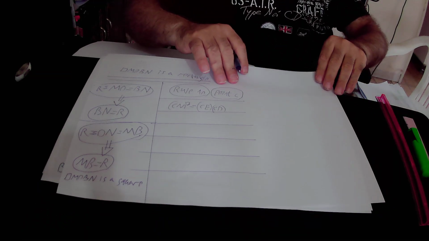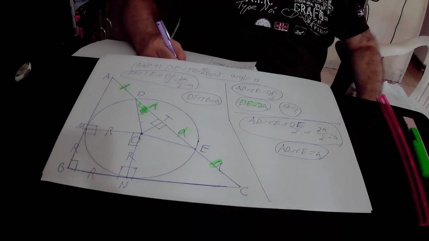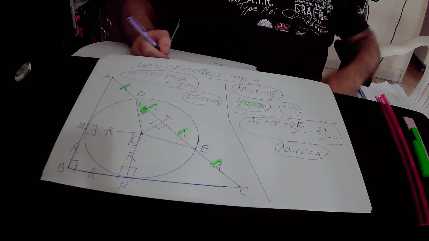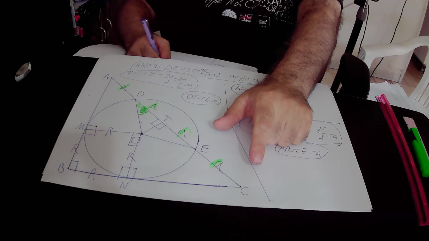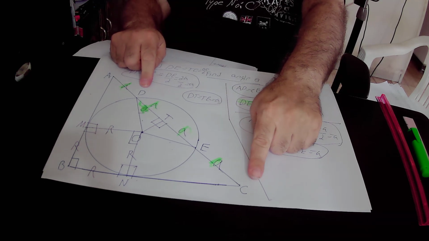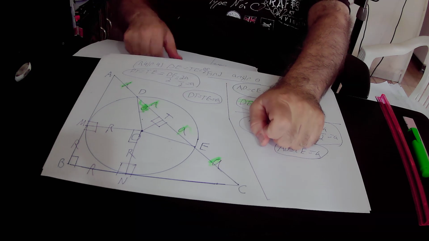So CN squared equals CE times CD. CE equals A, therefore we substitute CE by A. What is the value of CD? It is very easy to see from the drawing that CD equals A plus A plus A, that is 3A, therefore we substitute CD by 3A.